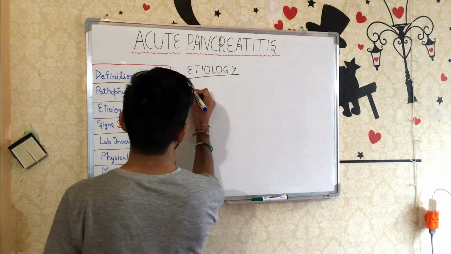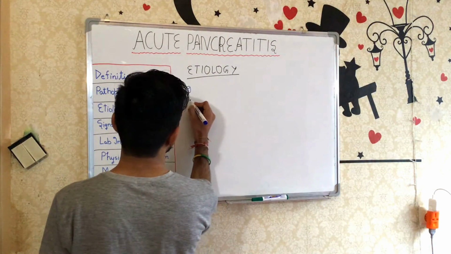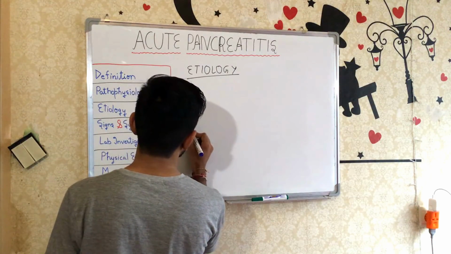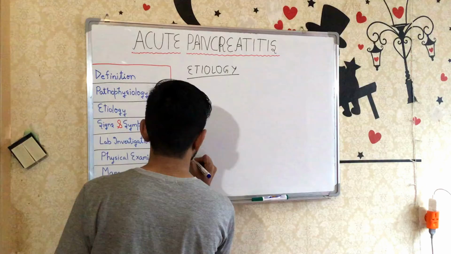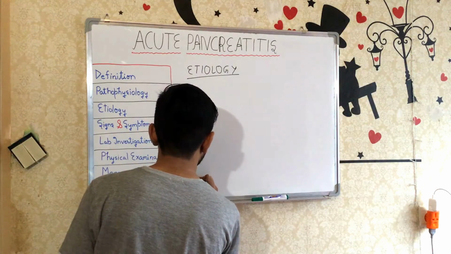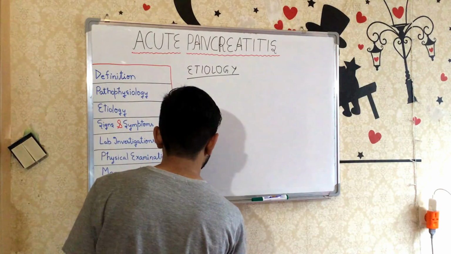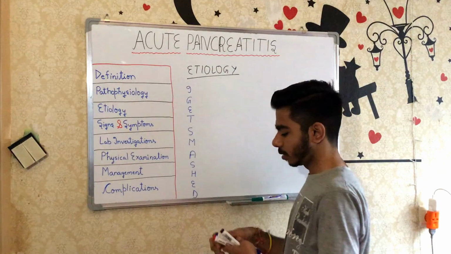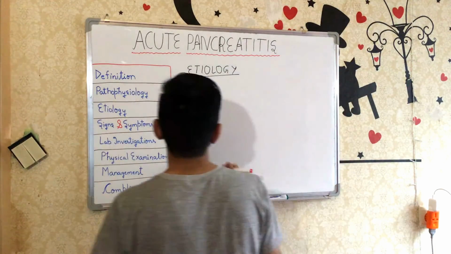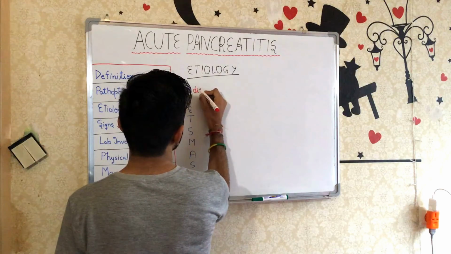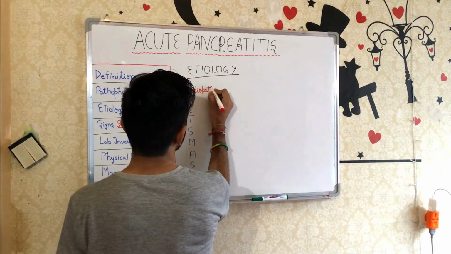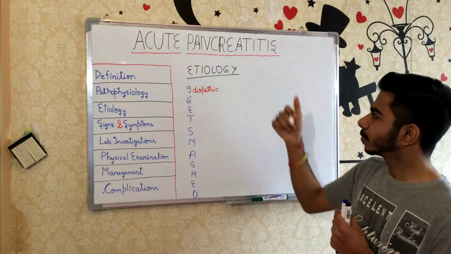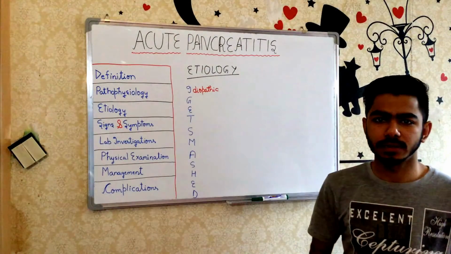So, I get smashed. Now what is I? I is idiopathic, which means we don't know the cause that is causing the acute pancreatitis.